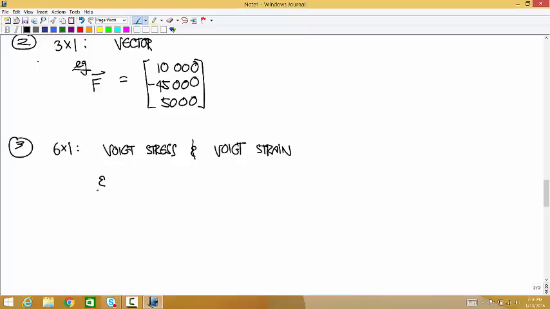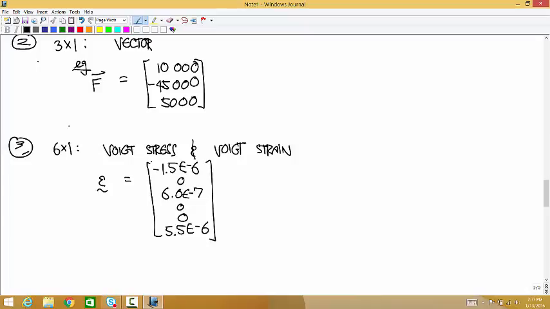So for example, the strain could be negative 1.5 times 10 to the minus 6, 0, 6.0 times 10 to the minus 7, 0, 0, 5.5 times 10 to the minus 6. Okay, this would be an example of the Voigt strain.